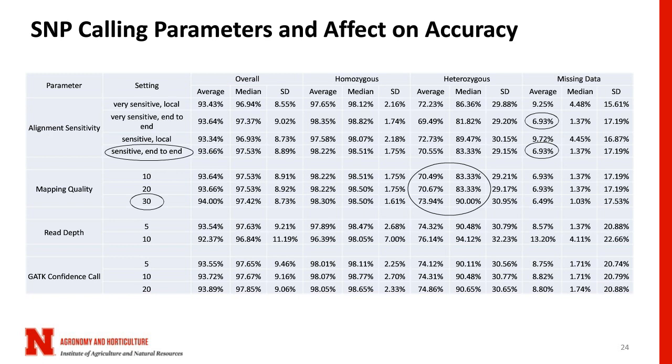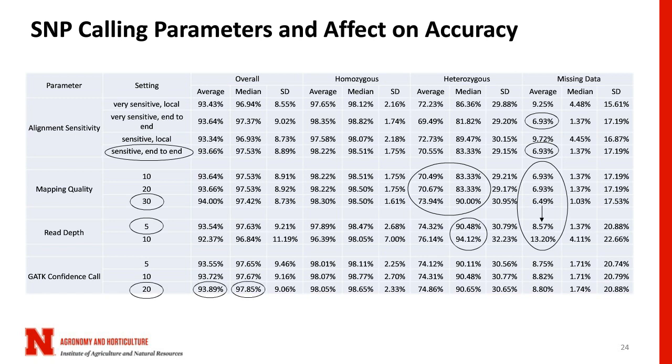Now, whenever we go to a read depth, and before that 6% missing data was a read depth of only 1, where we require a read depth of 5 or 10, then what you see is that missing data rate goes up to 8% or 13%, but it really didn't have a big effect on our heterozygous. We thought it would increase our heterozygous accuracy, but it's still at that 74, 76% and a median of 90%.